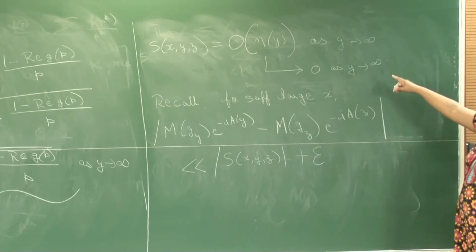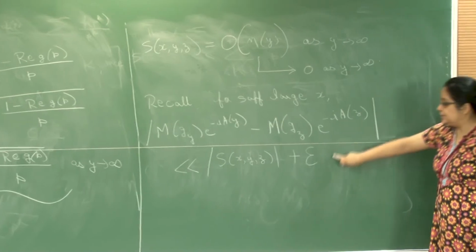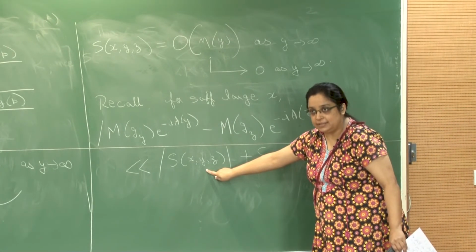So, for any epsilon you can have an x which is very, very large so that this holds, and you are saying that this is going to 0, so this can be made arbitrarily small.